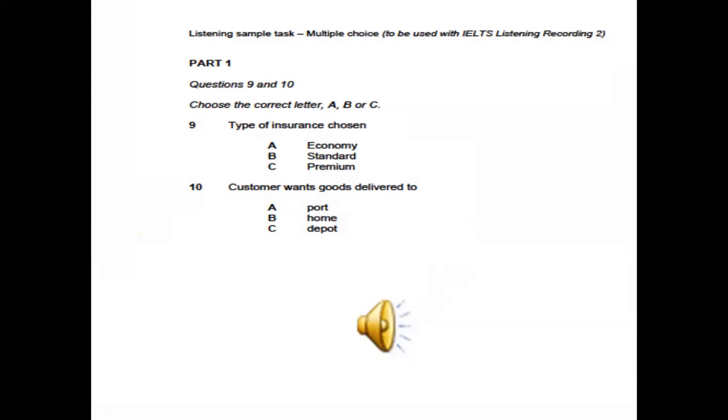There's the highest comprehensive cover, which is premium rate. Then there's standard rate, and then there's economy rate. That one will only cover the cost of the contents second hand. Oh, I've been stung before with economy insurance, so I'll go for the highest. Mm-hmm. And can I just check, would you want home delivery or to a local depot, or would you want to pick it up at the nearest port? The port would be fine. I've got transport that end. Fine. And will you be paying by credit card? Can I pay by check?